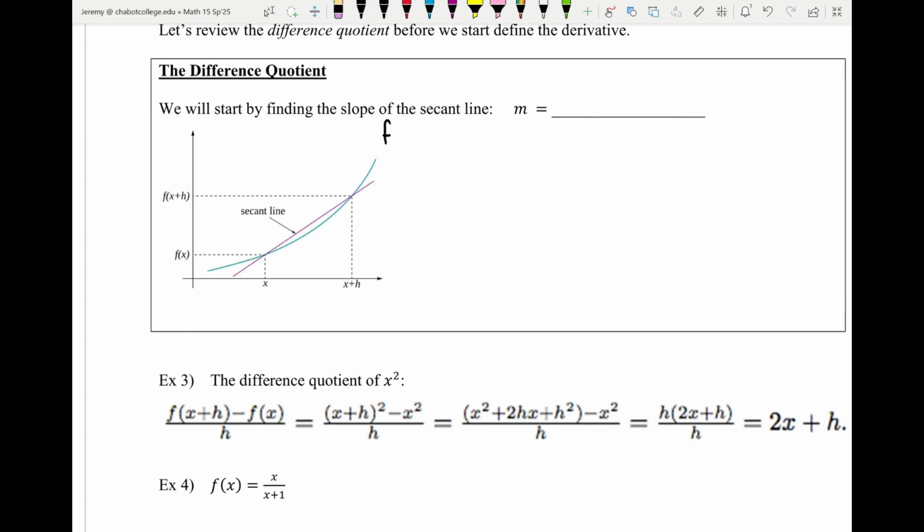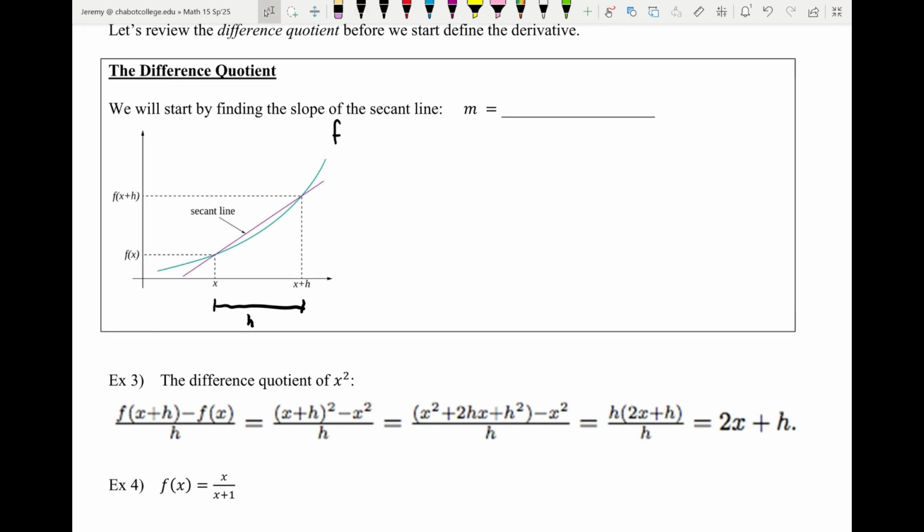So really laying this out in the same way that we were previously, but we're not talking about a function that's modeling anything specific, like change in height of a moon rock over time, or a Mars rock, sorry. But still, h is going to represent the width of this little sub-interval of the real number line.